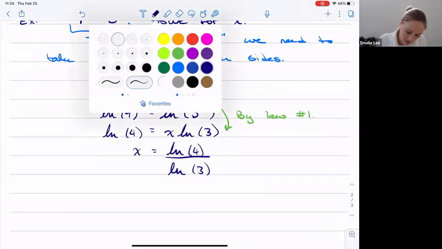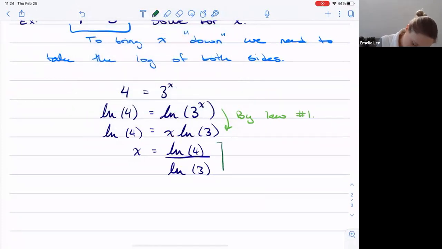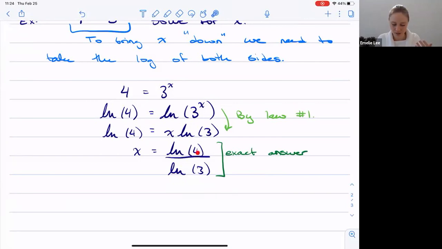So this is what we would call the exact answer. Right? There's no decimals here. This is the exact answer. Because I've got numbers in here, this is just going to be a number, right?